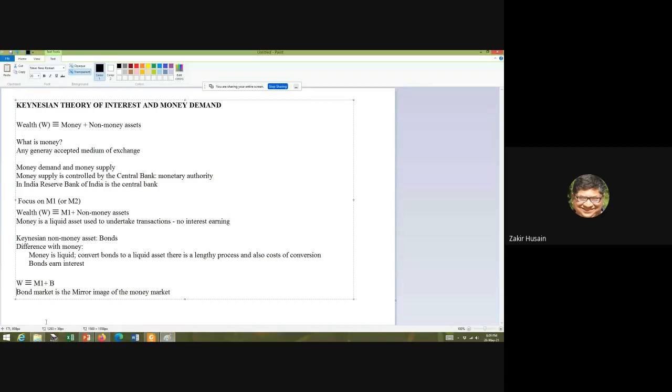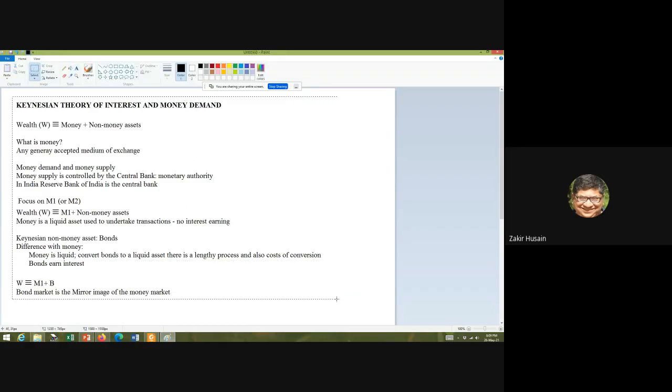That is, your stock of money and your stock of bonds is equal to stock of wealth. Okay. In fact, what I'll do is let me cut it out and show it separately.